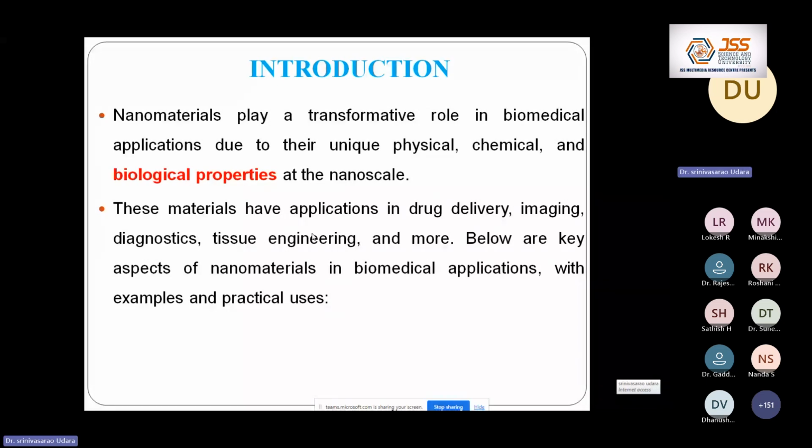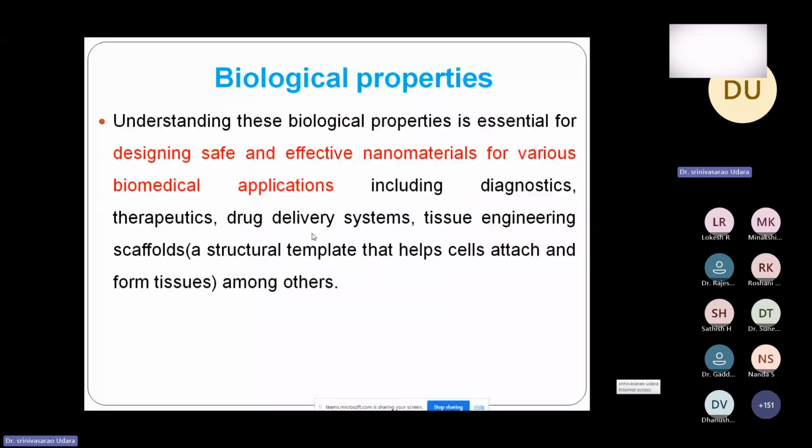Next, how do we understand how these biological properties are suitable for biomedical applications? For particular applications we need to check. Whatever biological properties you find, you need to have some important things. One is safety, which is very, very important, because some nanomaterials are very risky, and if those materials are used for biomedical applications, sometimes the patient may die.